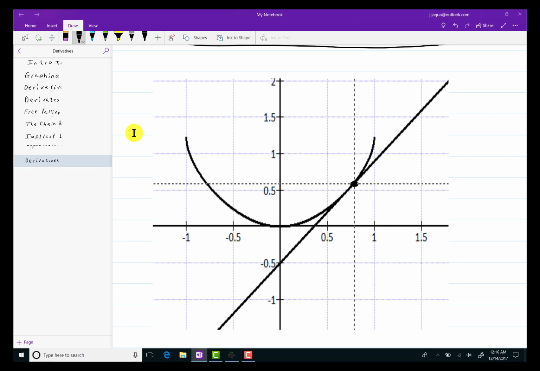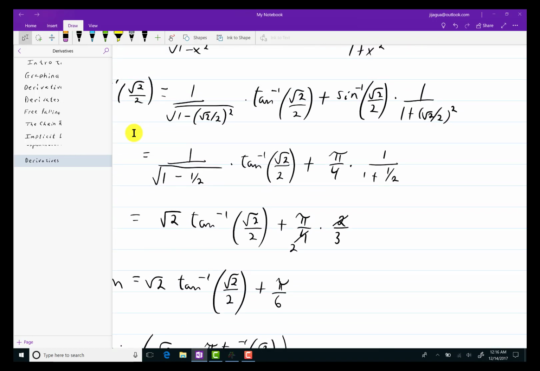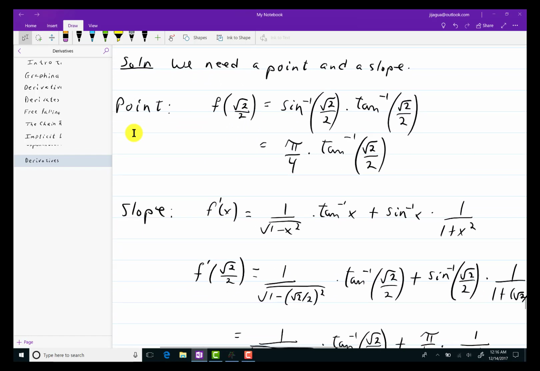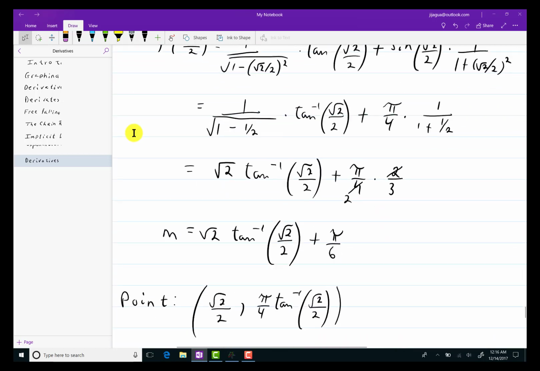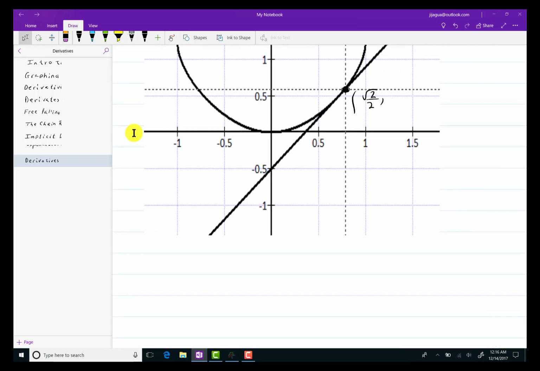The x part was radical 2 over 2, comma, and the y part, what was that again? What was the point? Pi over 4 tan inverse radical 2 over 2. So that's the point there.